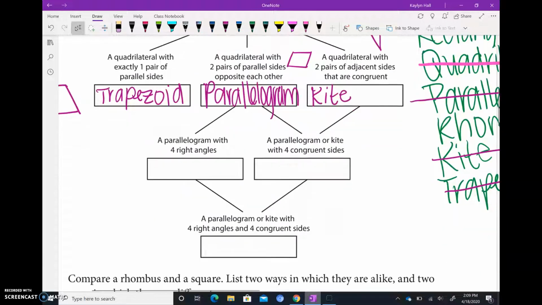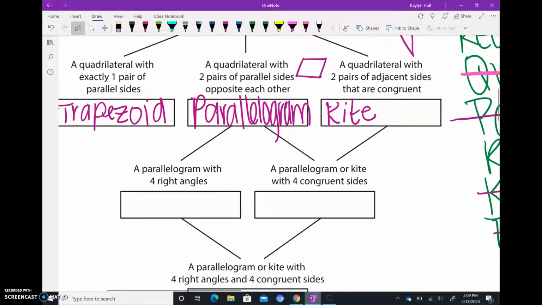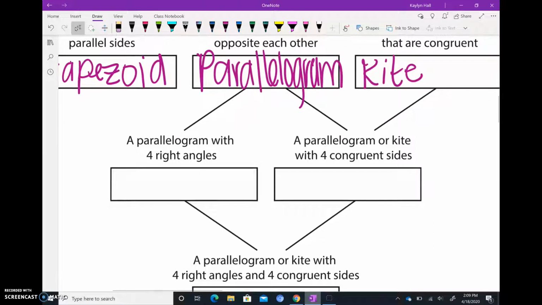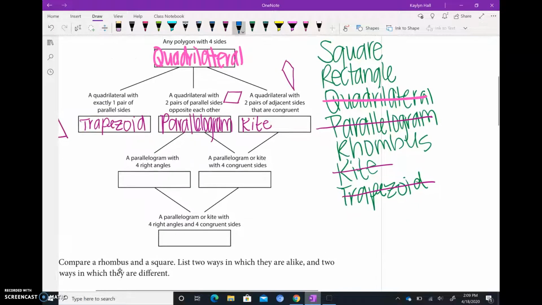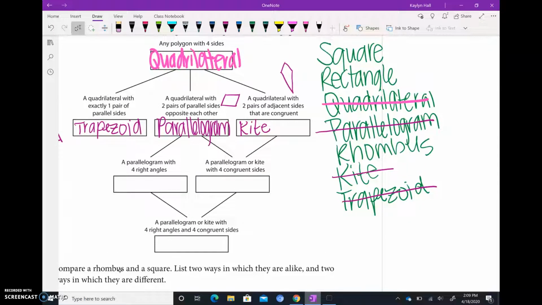Our next level, we're looking at types of parallelograms. So our first branch off parallelogram is a parallelogram with 4 right angles. Our best answer for that is, if you're looking at your notes from last week, rectangle.